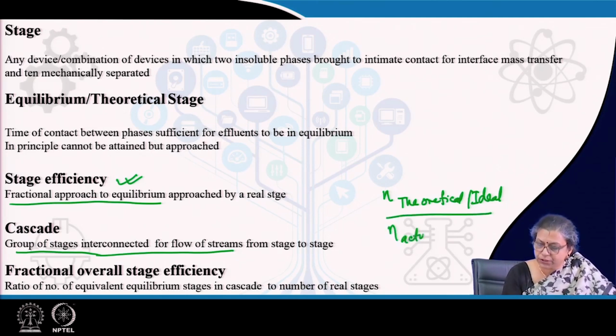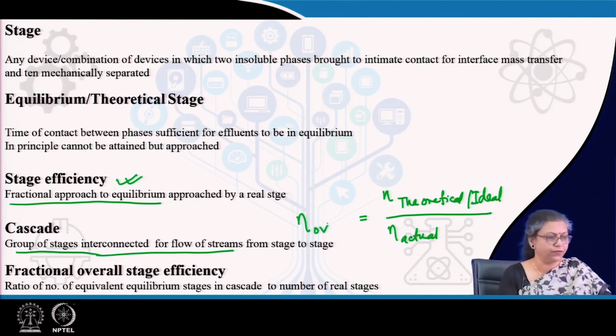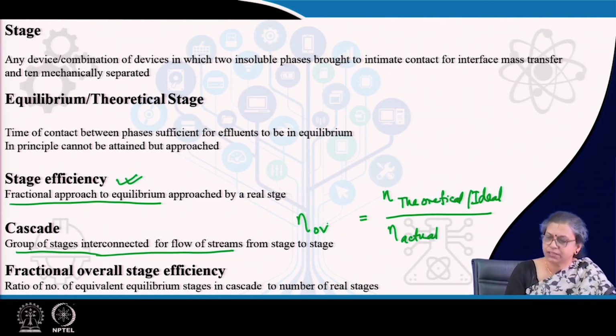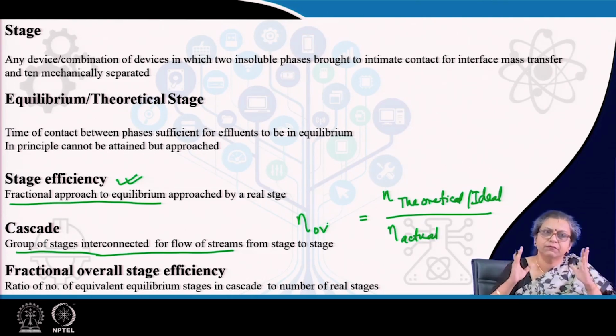So, the ratio of n ideal by n actual gives us the overall stage efficiency of the process. Whenever we design processes, the first thing that we do is that we are given some particular specifications.